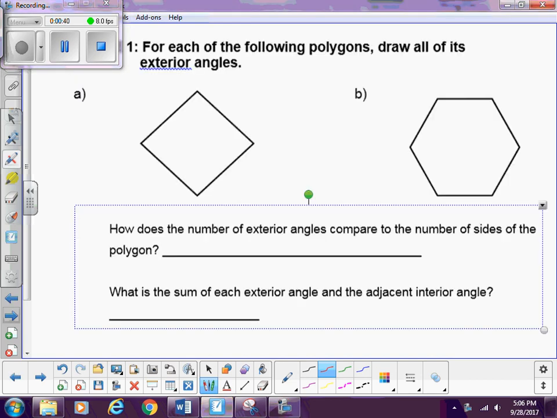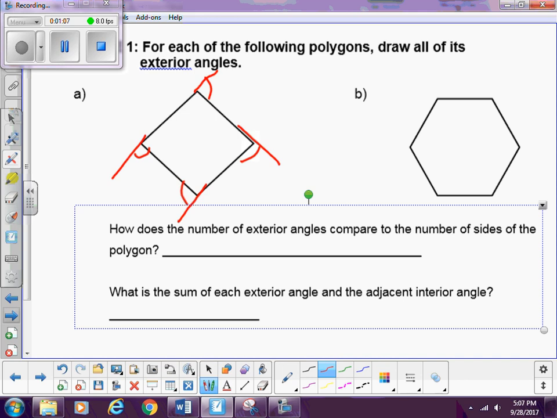For each of the following polygons, draw all the exterior angles. So in a quadrilateral, a four-sided figure, if I extend this side out right here, extend this side out this way, extend this one out this way, and this one out this way, you're going to get 1, 2, 3, 4 angles that are outside.